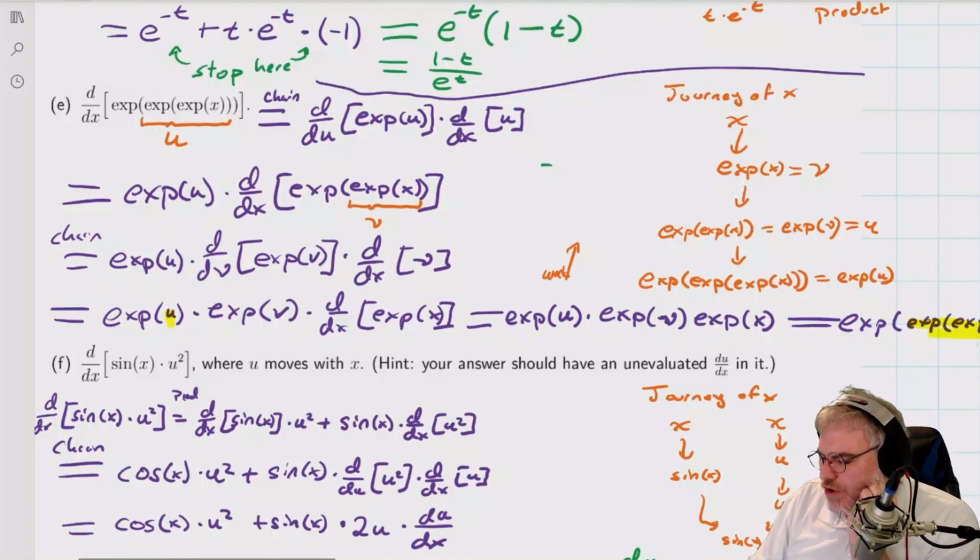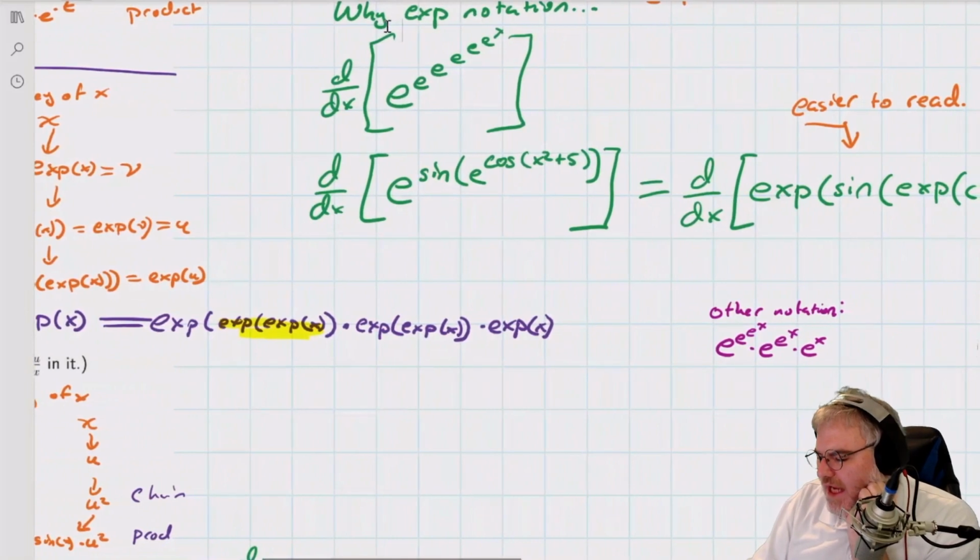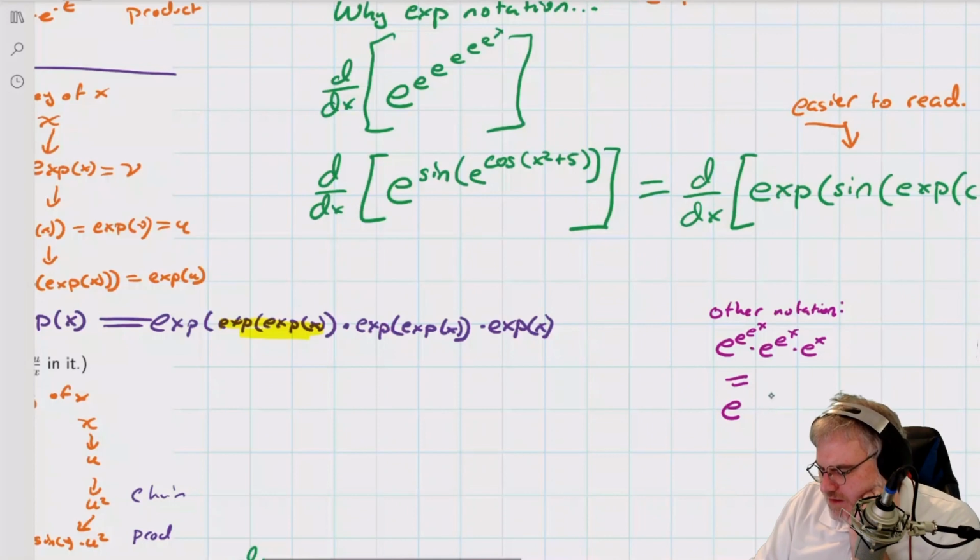Well, as I said, you could. Oh, no, you can't add the... Well, yeah, you could. So if you wanted to simplify further, you actually could do this. You could have done e to the x plus e to the x plus x.